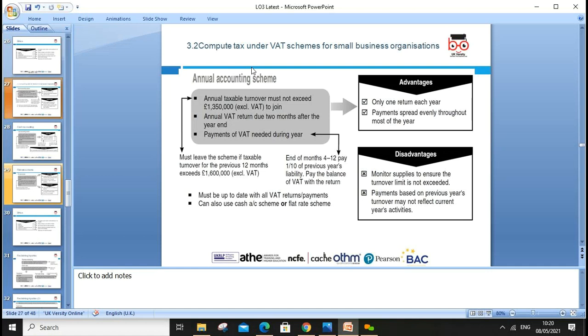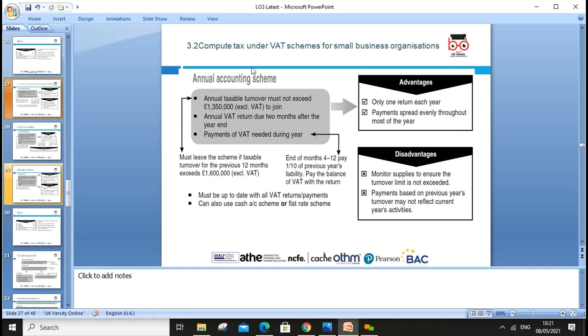We know we have three types of schemes. One is called the annual accounting scheme. Each scheme has advantages. The annual accounting scheme can be used with other schemes. If your turnover is 1.35 million excluding VAT, you can choose this scheme, but you can only stay on it if your turnover is up to 1.6 million.